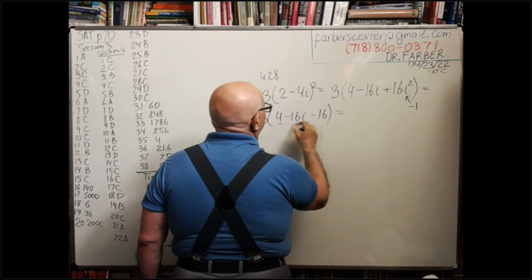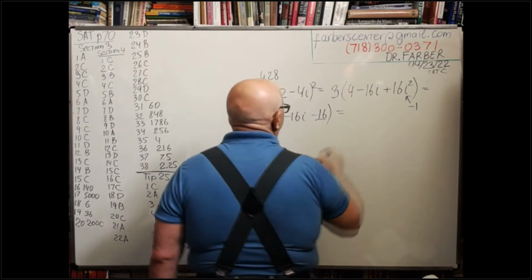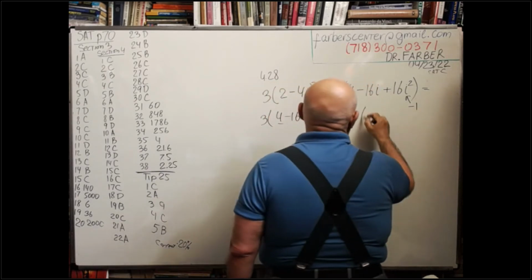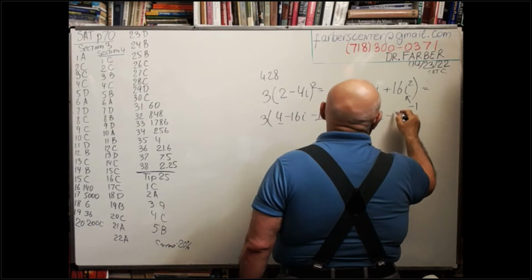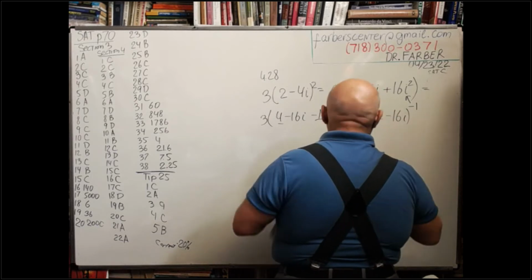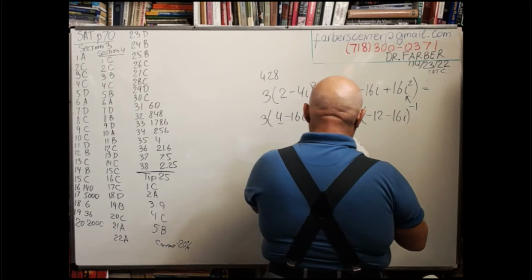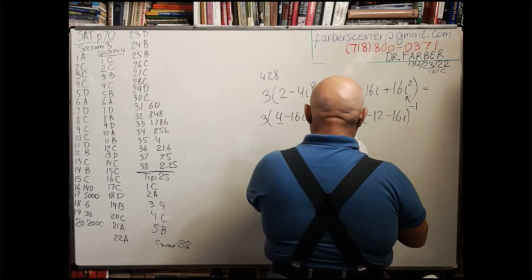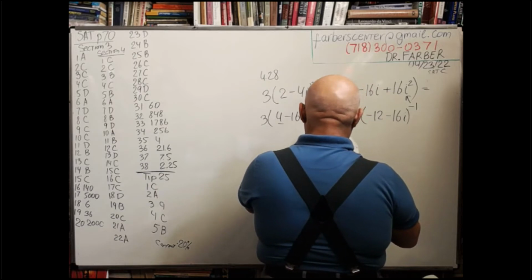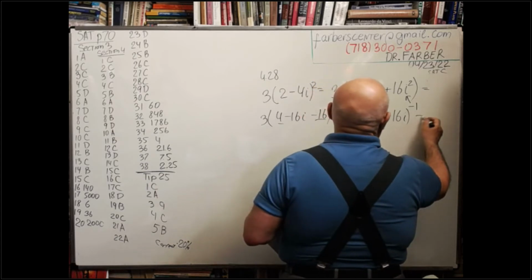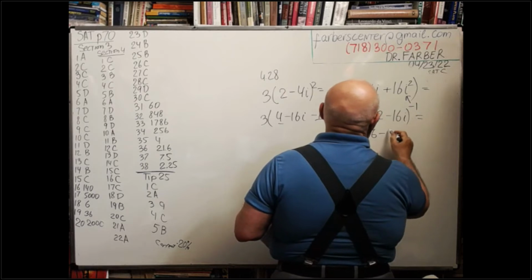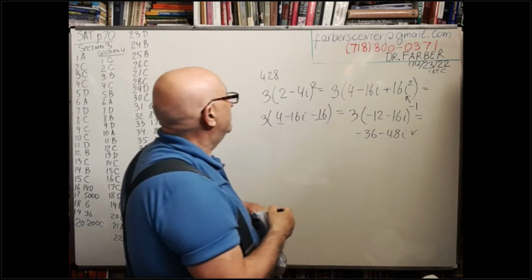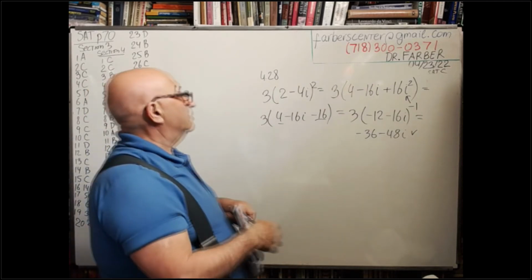Combine like terms. You have 3 times (-12 minus 16i). Which format do they ask you to get the answer in? Okay, they ask you to open the parentheses. It will be -36 minus 48i. Simple. Just keep in mind, i squared equals -1.